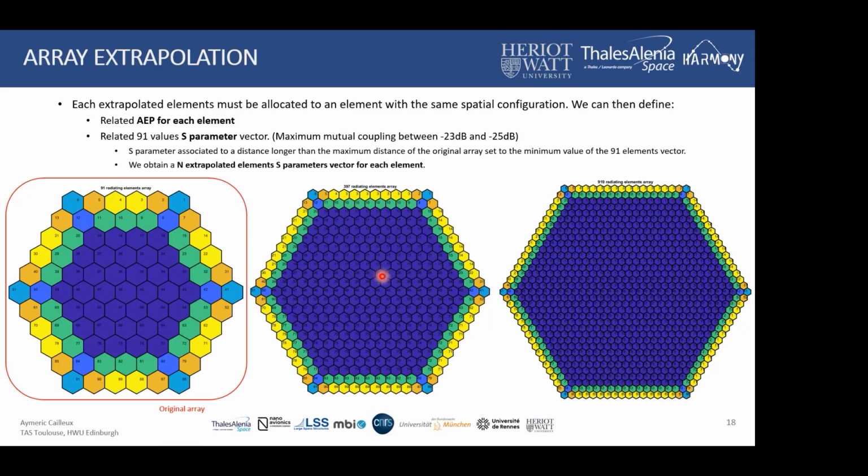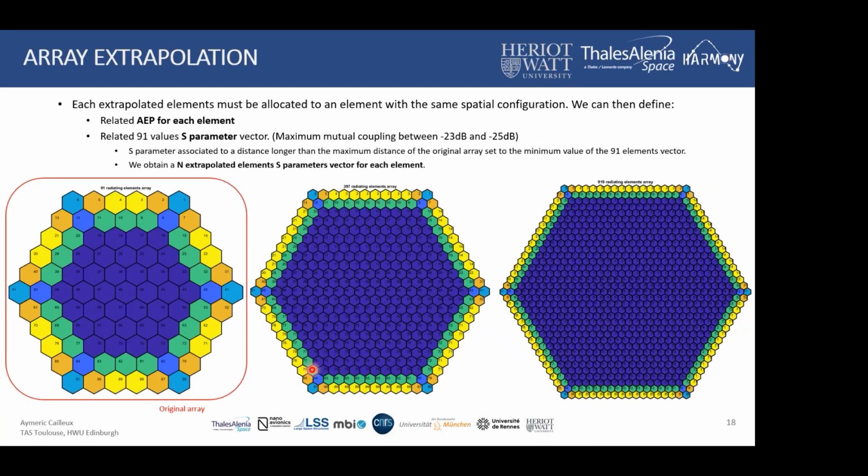And then if we want to extrapolate it to a 397 radiating elements array, we'll have to allocate a specific configuration to each extrapolated element, like all of them will be assigned to a base that has the same configuration. Again, the element 397 here is actually allocated to the element 91 because they have a very similar configuration.